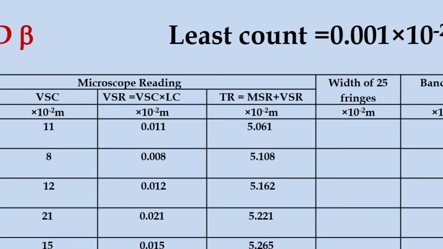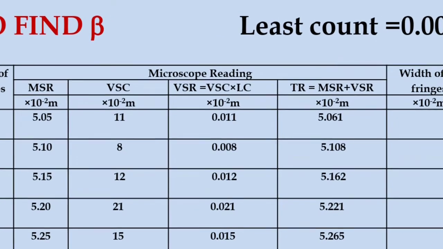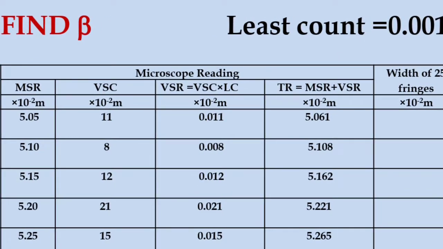Now let's calculate the vernier scale reading. The least count for the vernier microscope is 0.001 × 10^-2 meters. To compute the vernier scale reading, we multiply the vernier scale coincidence by the least count. The vernier scale coincidence is 11 and the least count is 0.001, so the vernier scale reading is 0.011.